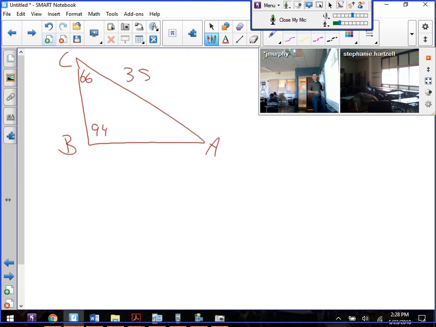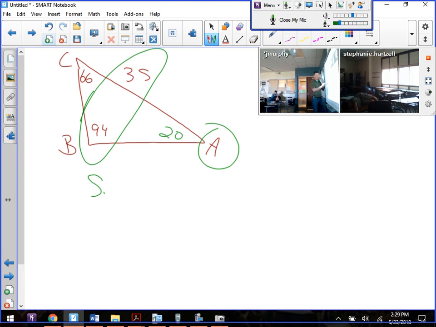So here, this is forcing you to find angle A to start with. So you have to add 66 and 94 and subtract that from 180, and you get a number that happens to be very close to 19.999999999. Now I use angle B and its opposite side as the pivot.